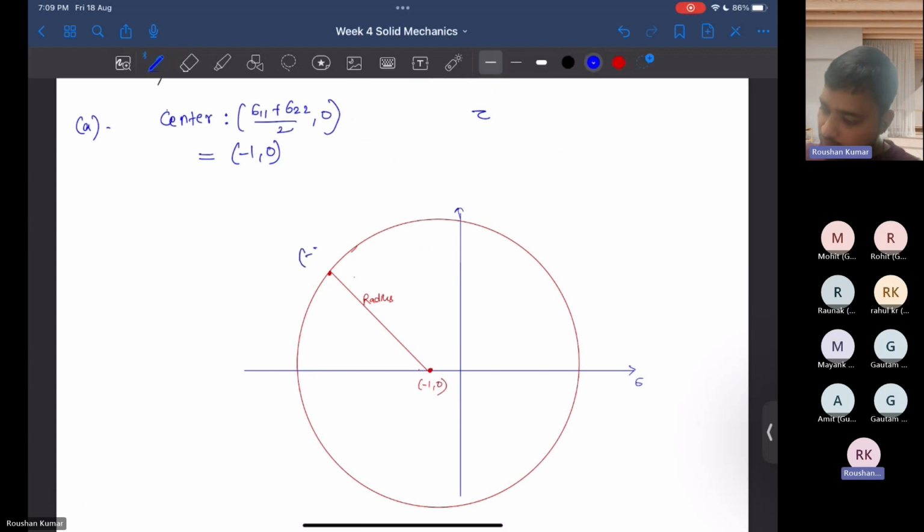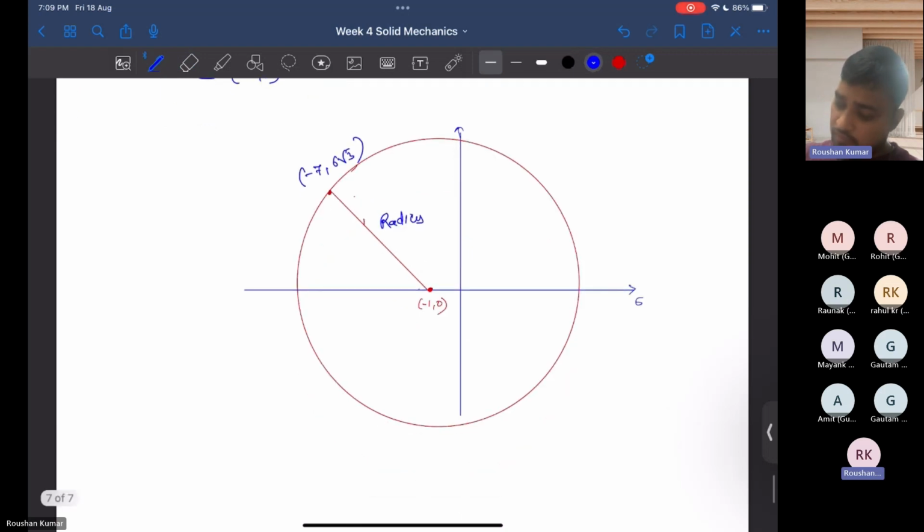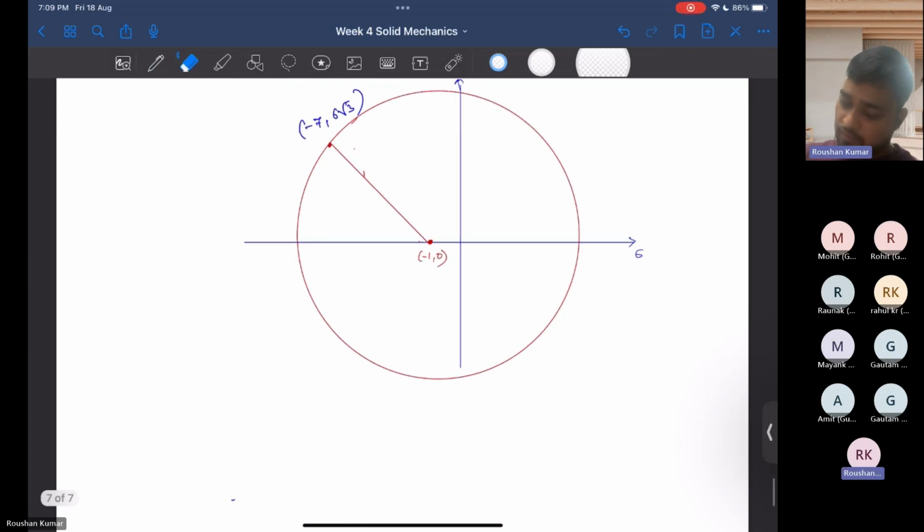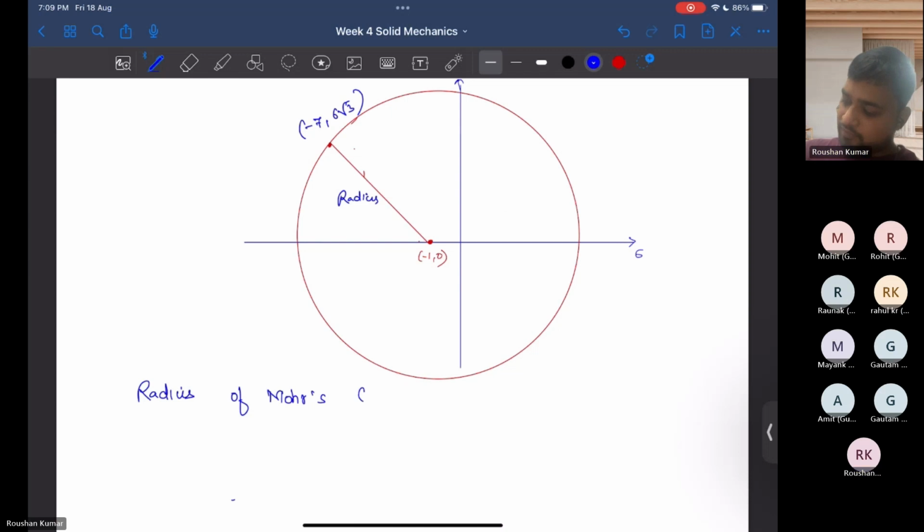The radius R is given by minus 7 minus 1, whole square, that is 8 whole square, plus 6 root 3 minus 0, whole square, that is 6 root 3 whole square.